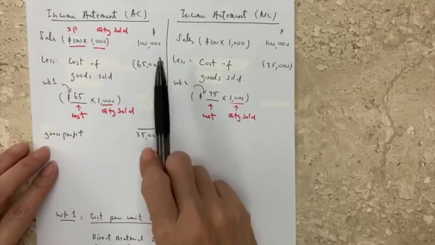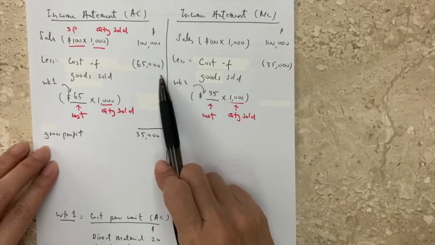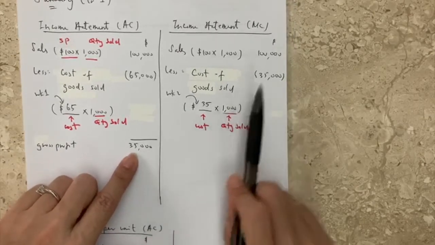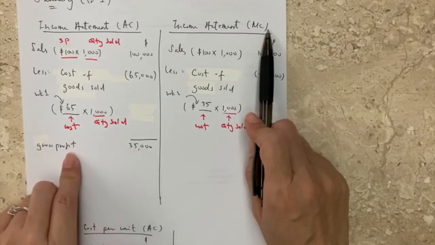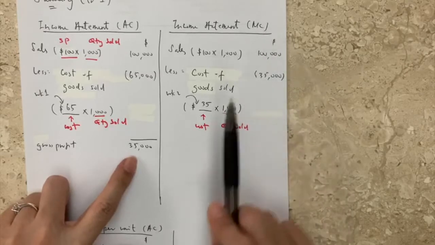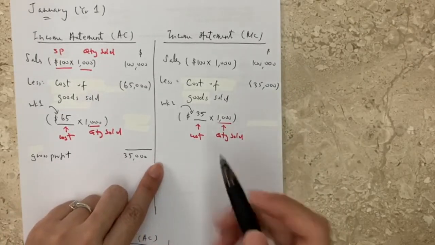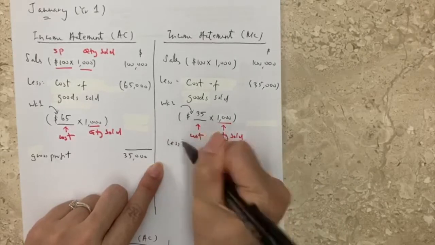Under absorption costing, we have sales minus cost of goods sold, so I get my gross profit as 35,000. But under marginal costing, we don't have gross profit. We change gross profit to contribution. But don't forget, to work out contribution, we need to deduct all the variable costs as well.